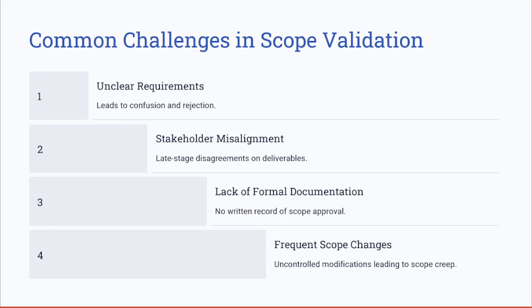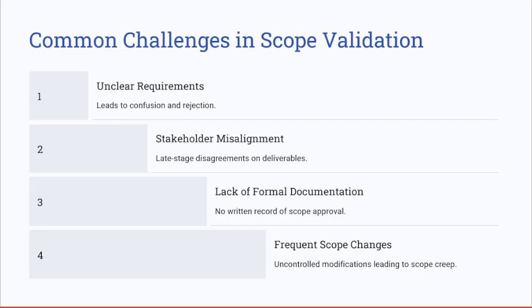This is an integral part: we have gathered the requirements, we have understood the deliverables, and now it's time to validate the implementation of the requested deliverables. If the requirements are not well defined at the beginning, stakeholders might have different interpretations, leading to rejections of these deliverables.